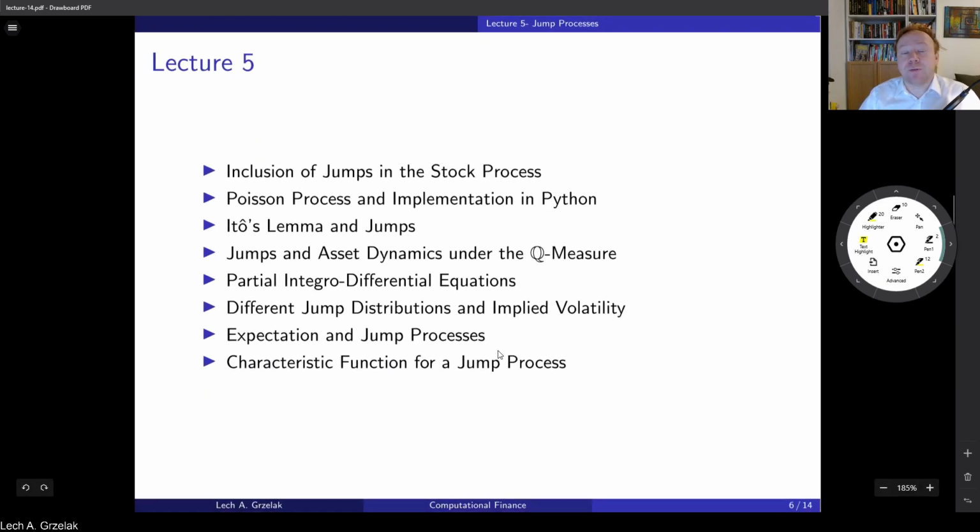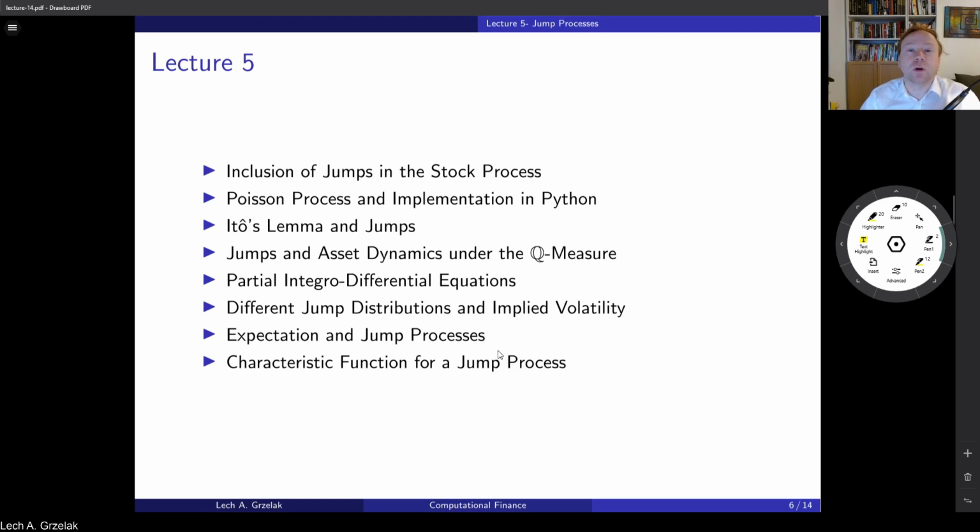In lecture number 5, we discussed the concept of jumps and how jumps can be incorporated in the Black-Scholes model. Of course, we started first by inclusion of jumps into the stochastic differential equations, just to mimic the behavior of stocks in reality. So we know in reality, stocks are not always smooth, or let's say diffusive.